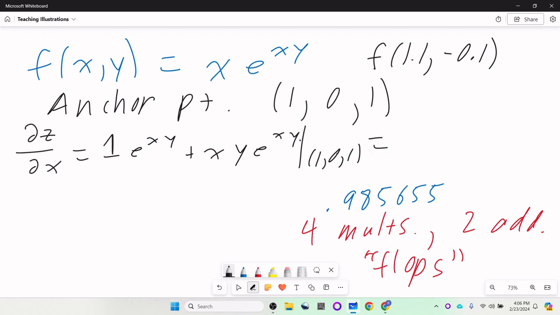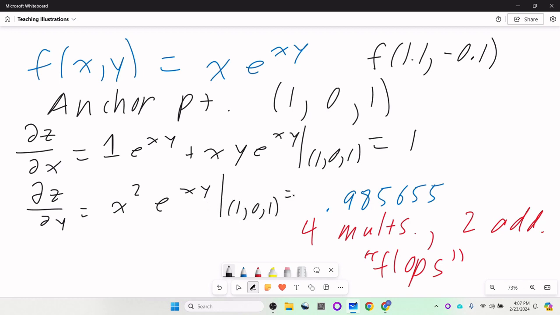So if y is 0, this term goes away, so this will just be 1. And del z over del y would give me x squared e to the xy. Plug in 1, 0, 1 here, I also get 1.